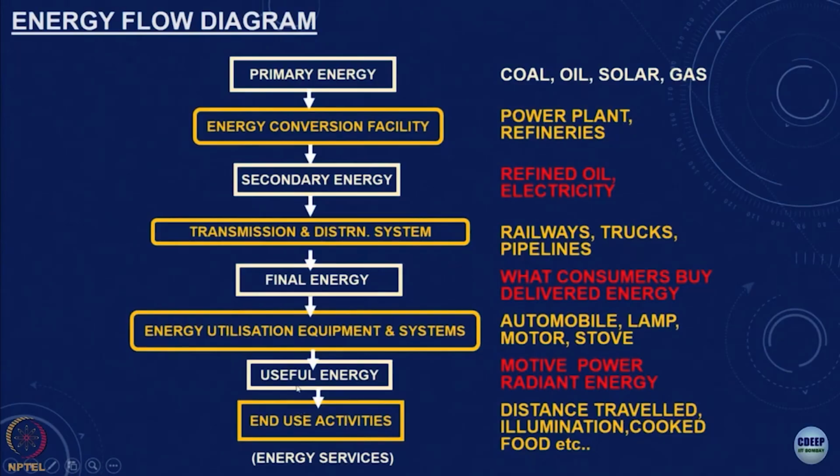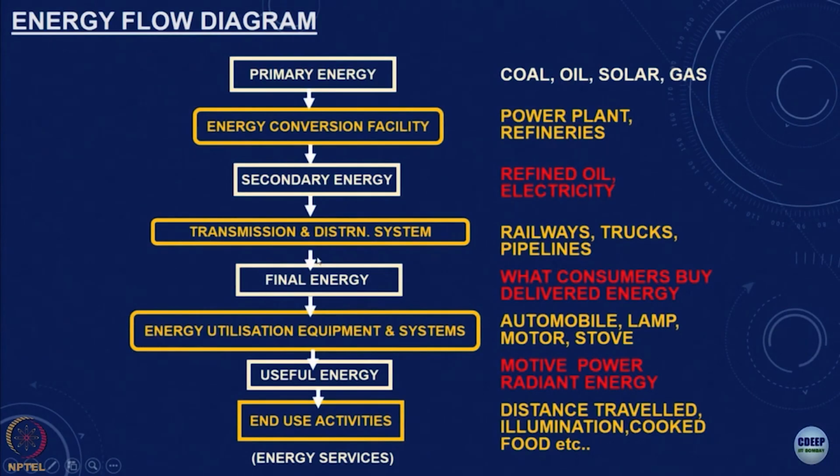For that we need some useful energy. That useful energy is coming in the form of some energy utilization equipment and systems. The energy that we are getting, the delivered energy the consumer is buying, that is also called final energy. So we looked at this final energy going to the useful energy. In order to supply the consumer, energy is coming through a transmission and distribution network.